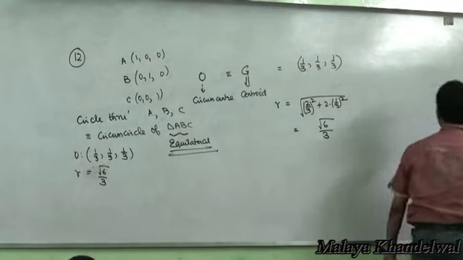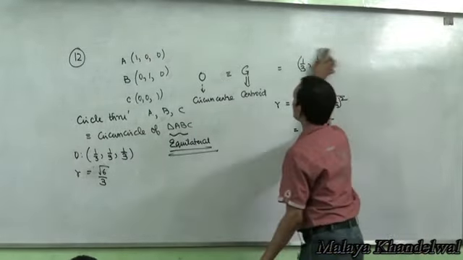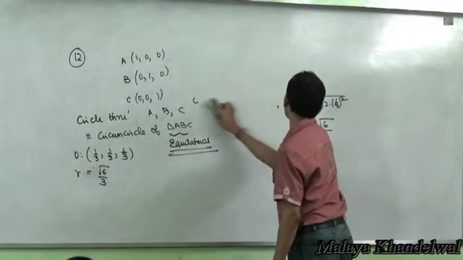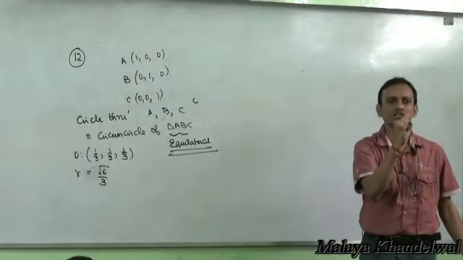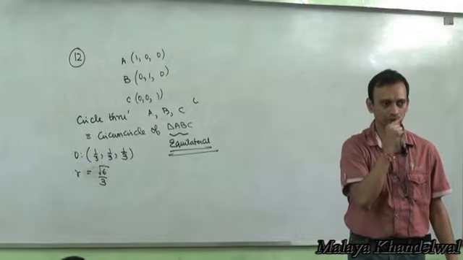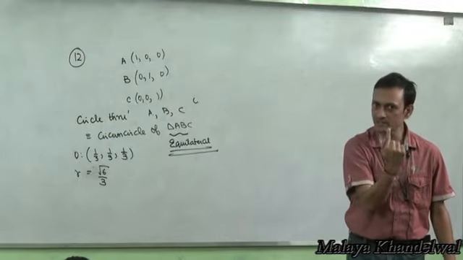Now, given a circle, how many spheres can pass?